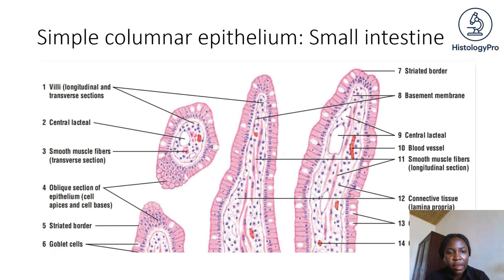Let's take a break here to study this diagram, to note the microvilli, the goblet cells, the arrangement of the simple columnar epithelium, and how it is structured.